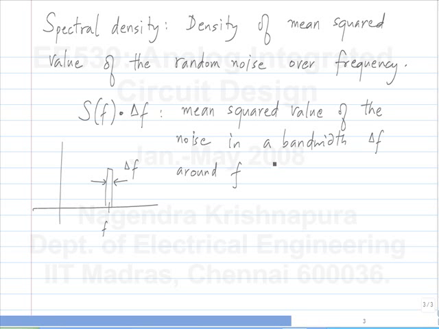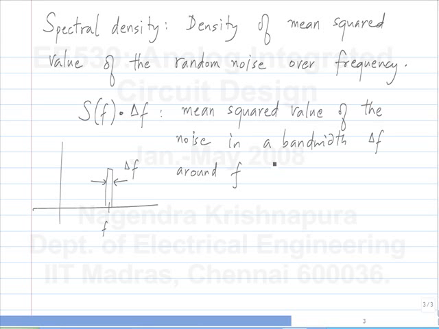So, given the spectral density, you can find out how much the noise is. How much meaning as in some tangible value, like if you stick it to an oscilloscope, what will you see? That way you can find out, but that really depends on the bandwidth itself. The more bandwidth you have, the greater the variance.